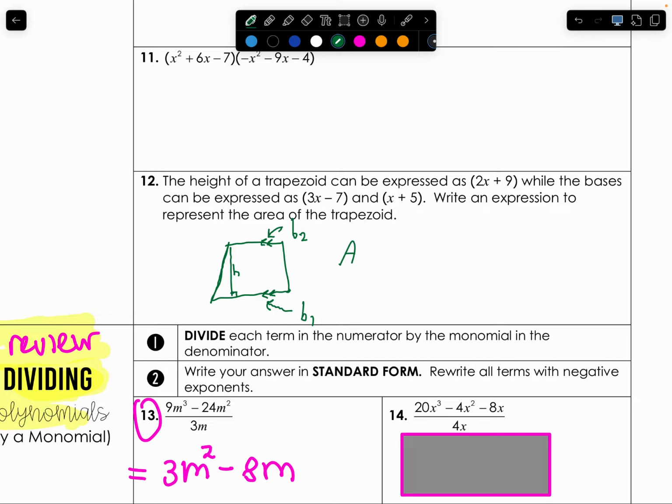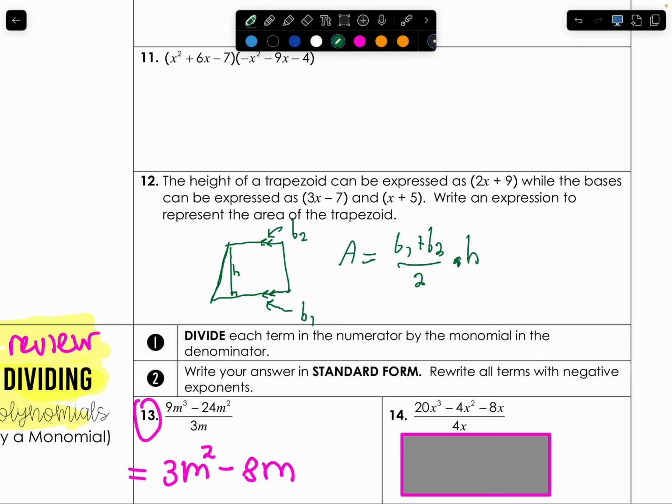The formula for the area of this thing was the average of the bases. You take the average, you add them up and divide by 2. You average out those bases and multiply it by the height.